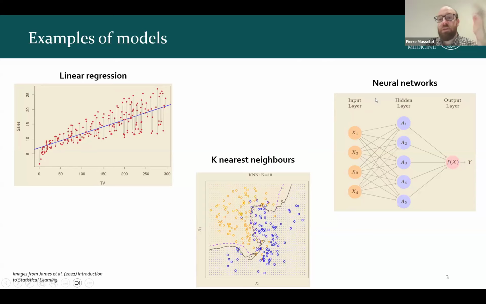Another example is the neural network. Neural networks are really the models that are at the core of what we now call deep learning. But here it doesn't matter much which model you use. It can be any model as long as you have one model that makes a prediction of your target using the predictors.